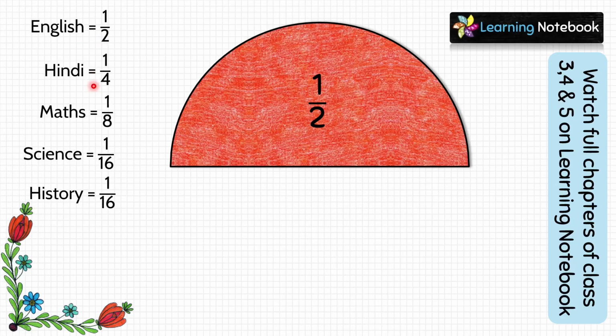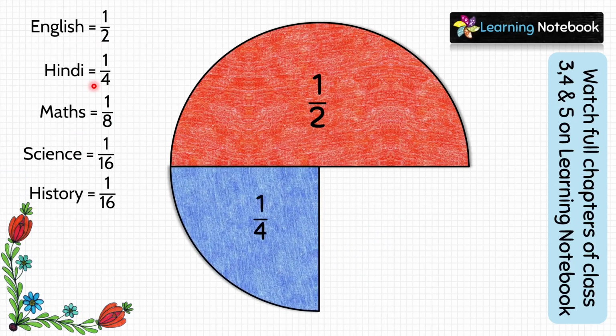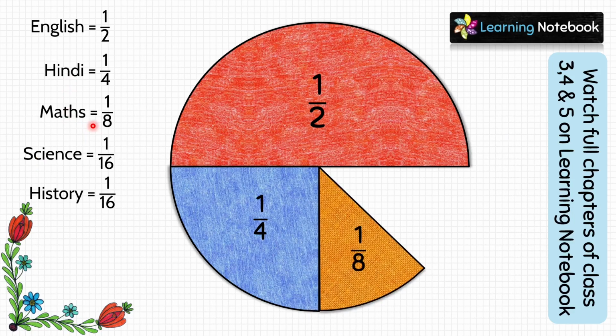So let's take fraction 1/4 from the blue circle to represent Hindi books. Next, let's use the fraction 1 by 8 from the orange circle to represent maths book, and then we will take fraction 1 by 16 from green circle to represent science books.